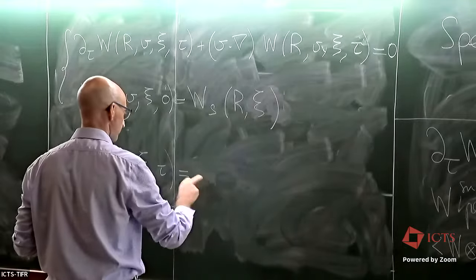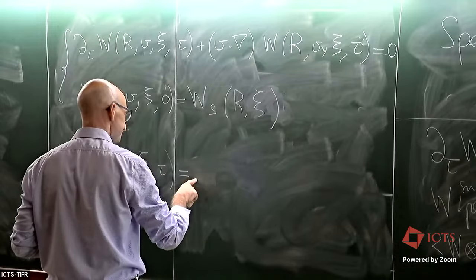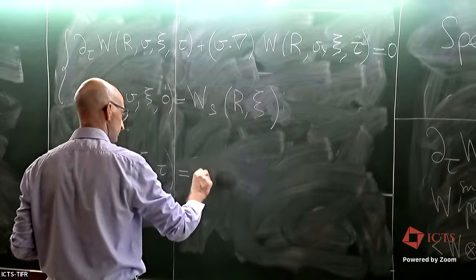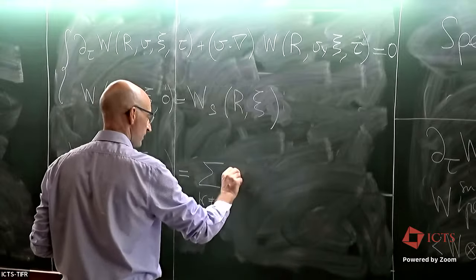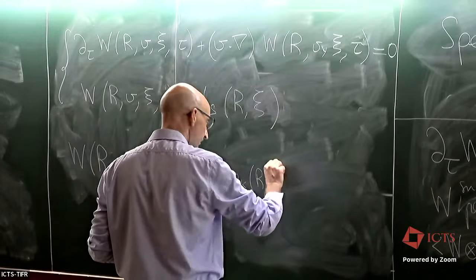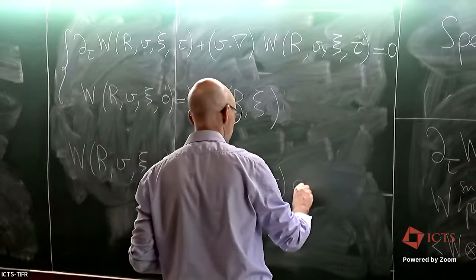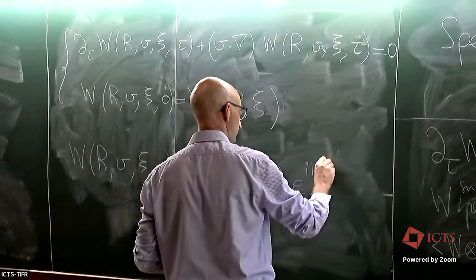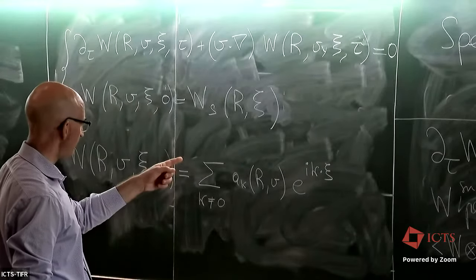So it's going to be the sum over k different than 0, then I'm going to have a k of r and v, and then I'm going to have some e to the i k dot psi, and then I have to transport that guy, right?